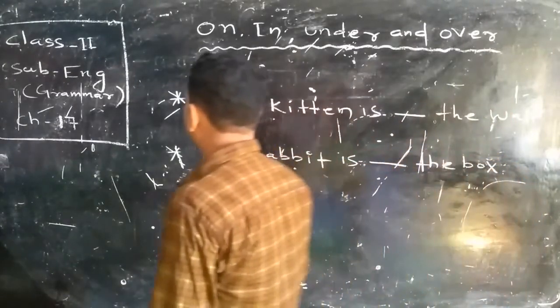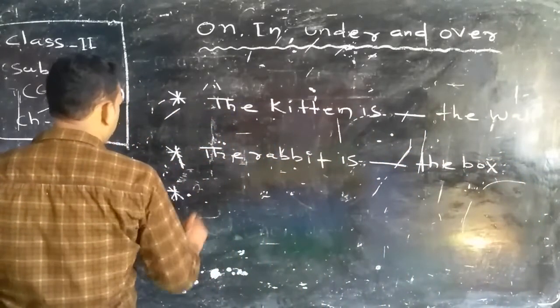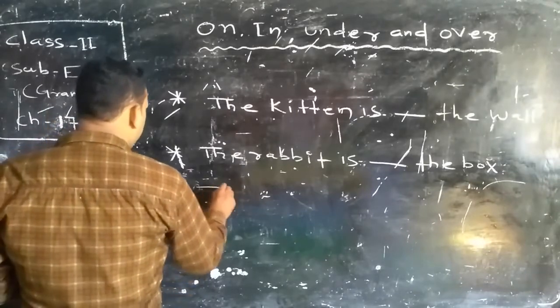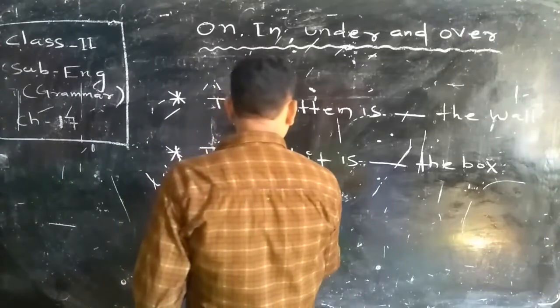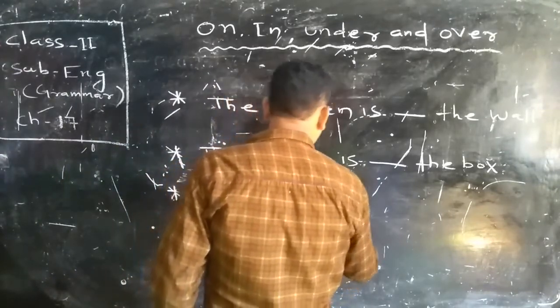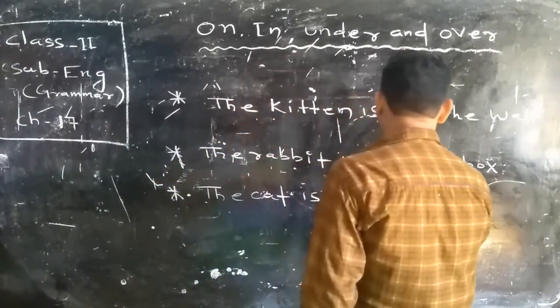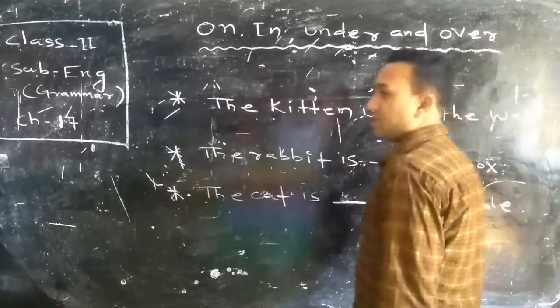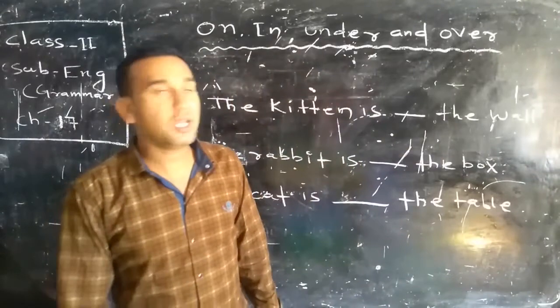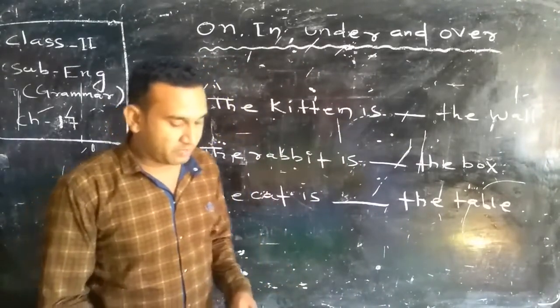Okay. Then third number, the cat is dash the table. So dear student, first you see your book. You have to see three pictures.